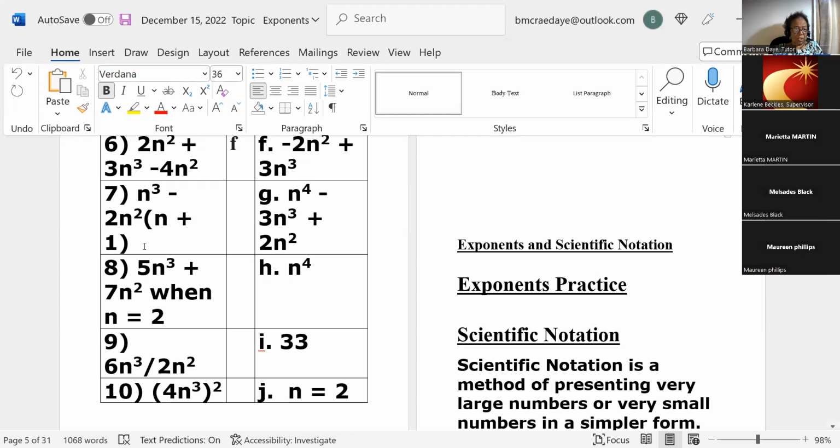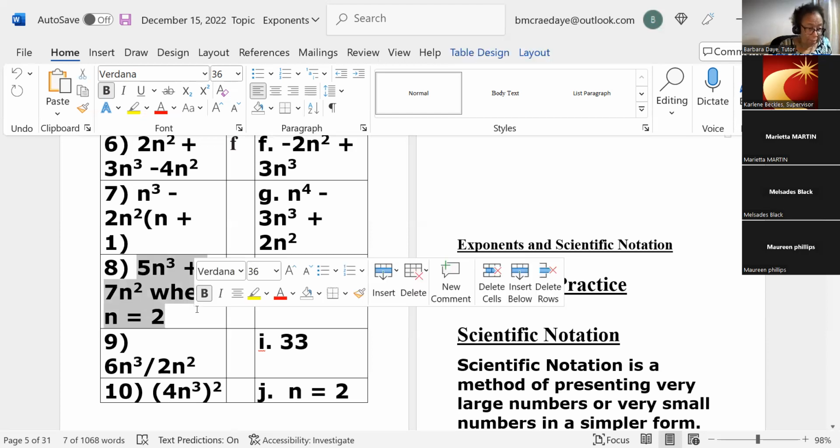Okay, let's hold number 7 because that might be an error, and go to number 8. I think there may be an error on number 7. But let's go to number 8. 5 to the third, that's another substitution. Let me copy that.